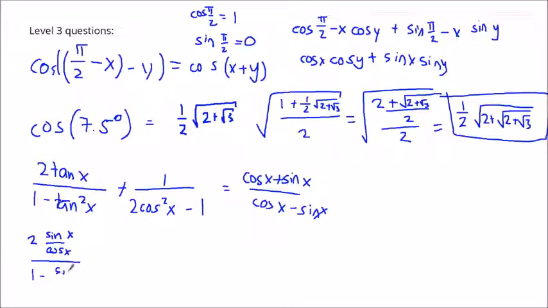And then add that to 1 over, well, just a regular one, right? So I'll manipulate this fraction first before I try to add it to the other fraction. The bottom will get you cosine squared x minus sine squared x.